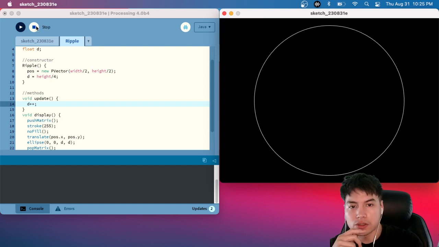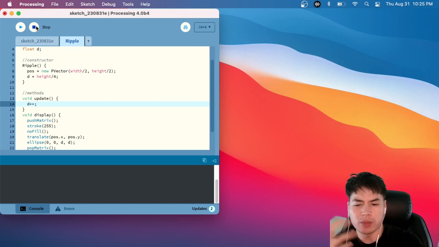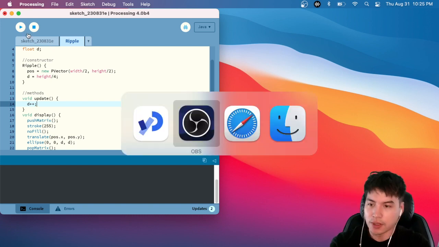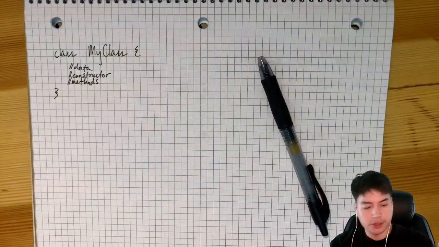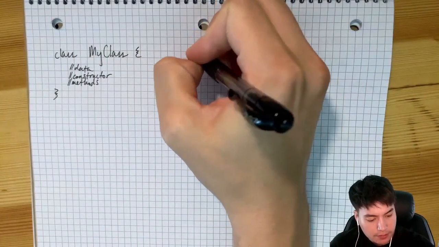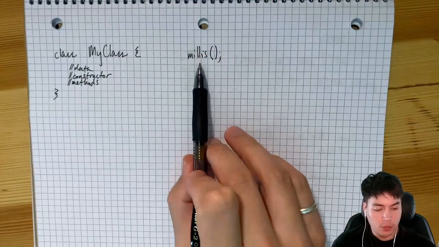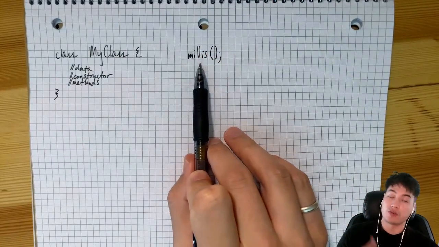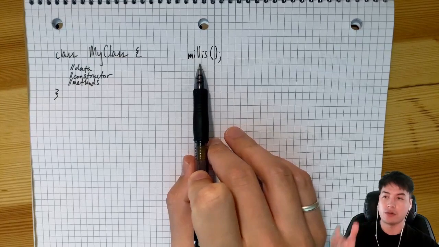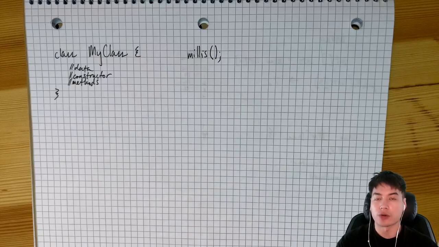All right, so let's look at how we can make this look a little bit better and maybe behave a little bit more predictably. The next thing I want to show y'all is this function that Processing has called millis. Millis returns the number of milliseconds that have passed since you hit the run button and started your program, ran your sketch.